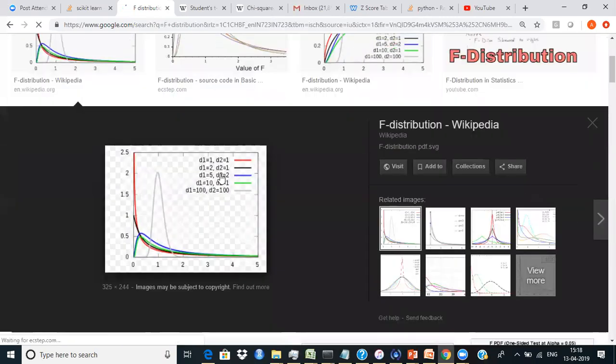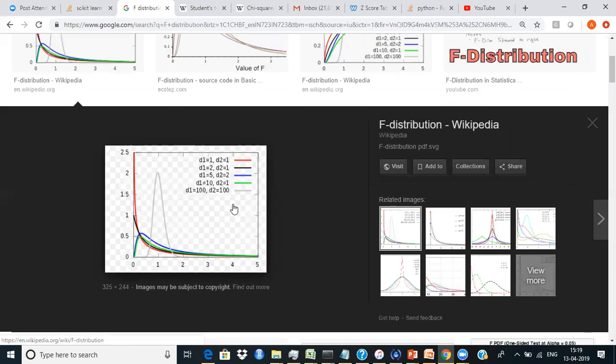So if you look at this, D1 and D2 are degrees of freedom of the numerator and the denominator, right? If D1 and D2 are both equal to 1, which means it is a ratio of squares of 2 normal distributions, isn't it? Then it looks like the red line. If you change the degrees of freedom, they take different shapes. So this is F distribution.